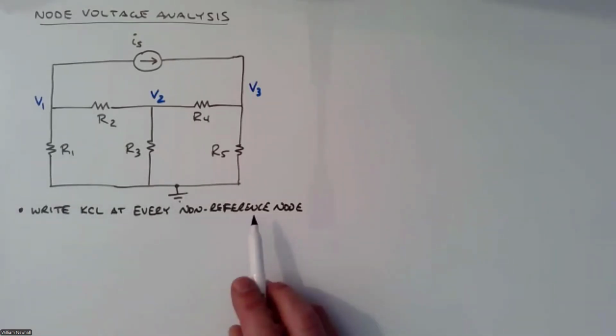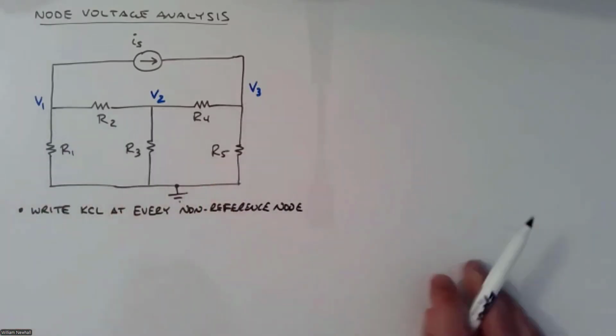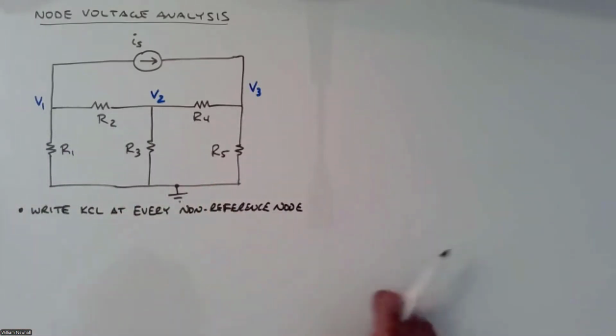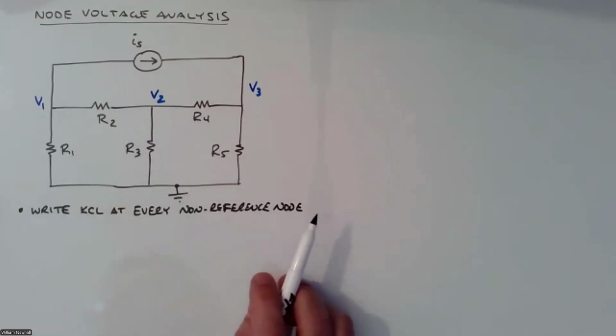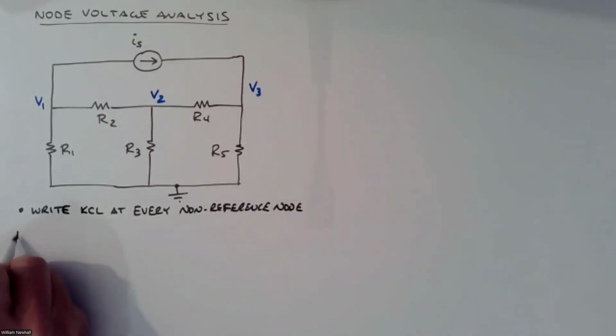And when you do this process, these equations will be linearly independent, and you'll be able to solve these equations simultaneously and get numeric answers for V1, V2, and V3 if you have all the resistor values and the current value. Okay, so let's write KCL1.